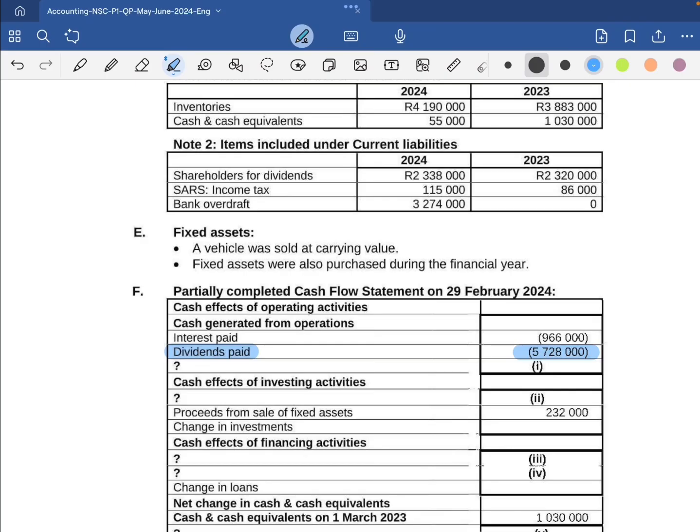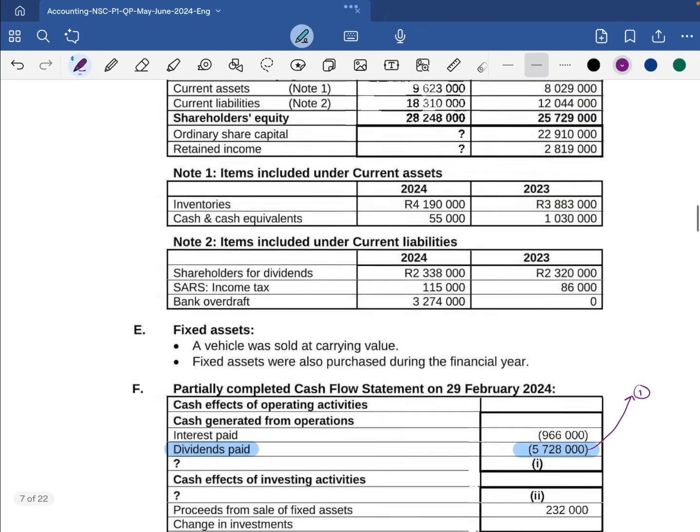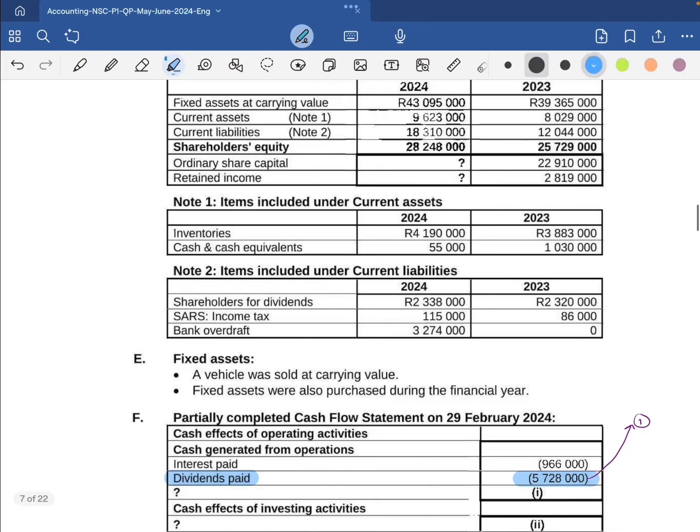Now, if you could ask yourself, this payment is comprised of two things. First, it was a payment for the shareholders for dividends from last year. Remember that we have shareholders for dividends in 2024 and in 2023.